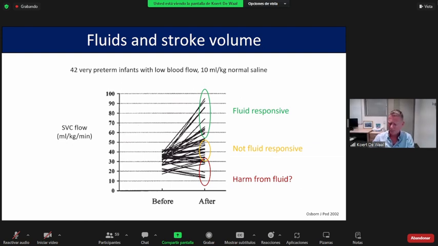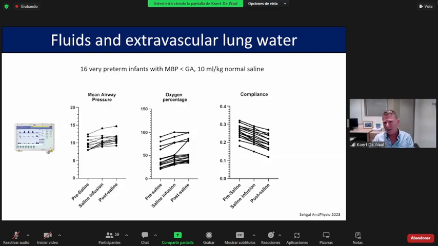Harvey and Segal looked much deeper into it, and they looked at fluids and extravascular lung water. Their team looked at the respiratory mechanics on the ventilator in a smaller cohort, 16 preterm infants. Most of them had a blood pressure lower than gestational age, one of also our common scenarios in which a lot of neonatologists will prescribe fluids, 10 mL per kilogram normal saline.